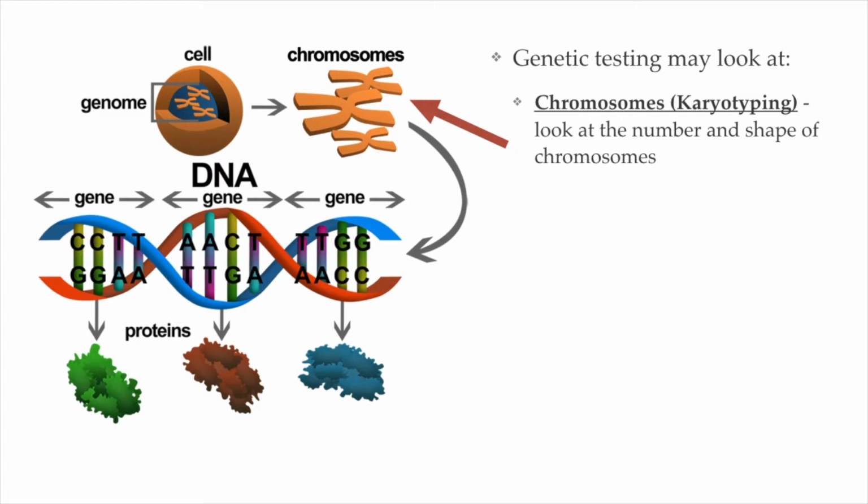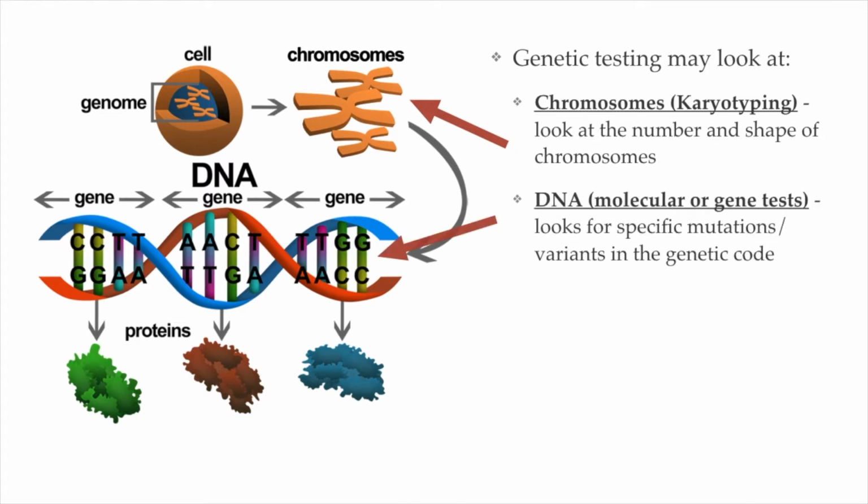So we can also take a look at the DNA. And these are DNA or molecular or gene tests. And molecular or gene tests, sometimes also called genetic tests, even though all of these are genetic tests, actually look for specific mutations or specific variants of genes. So they're looking for the gene itself.